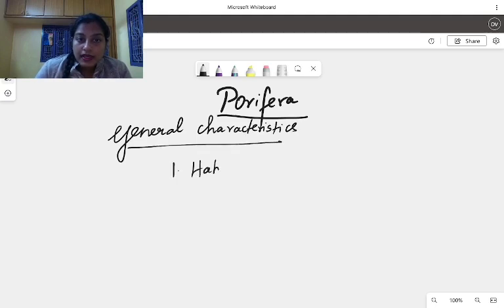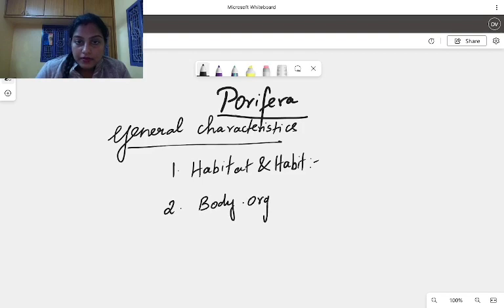The six main ones: habitat, habit, then you have the body organization. What about body symmetry?